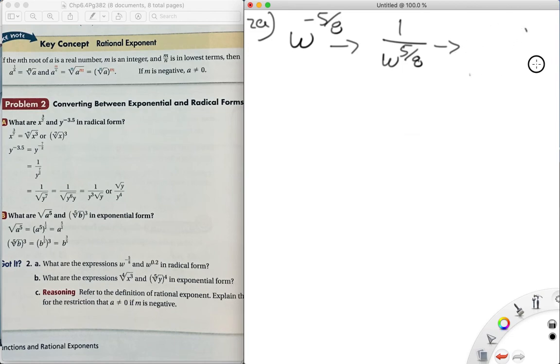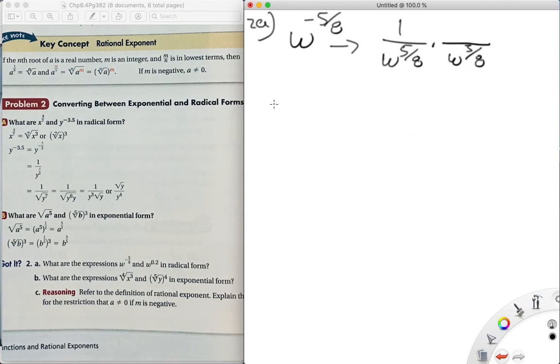So remember, we have to multiply it by some number so that I can have a whole number in the bottom, and what I do to the bottom, I do to the top. Since this is w to the 5/8, I'm going to multiply this times w to the 3/8.